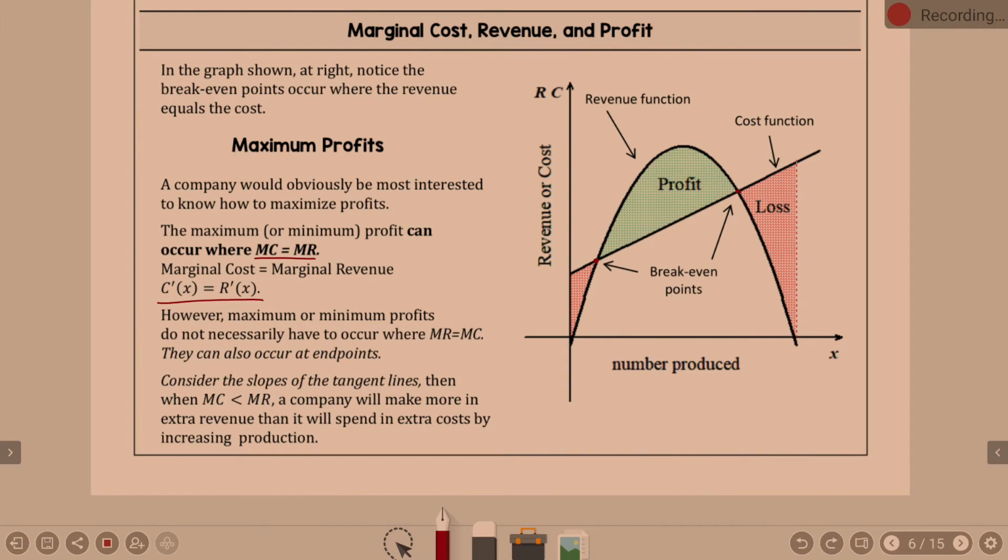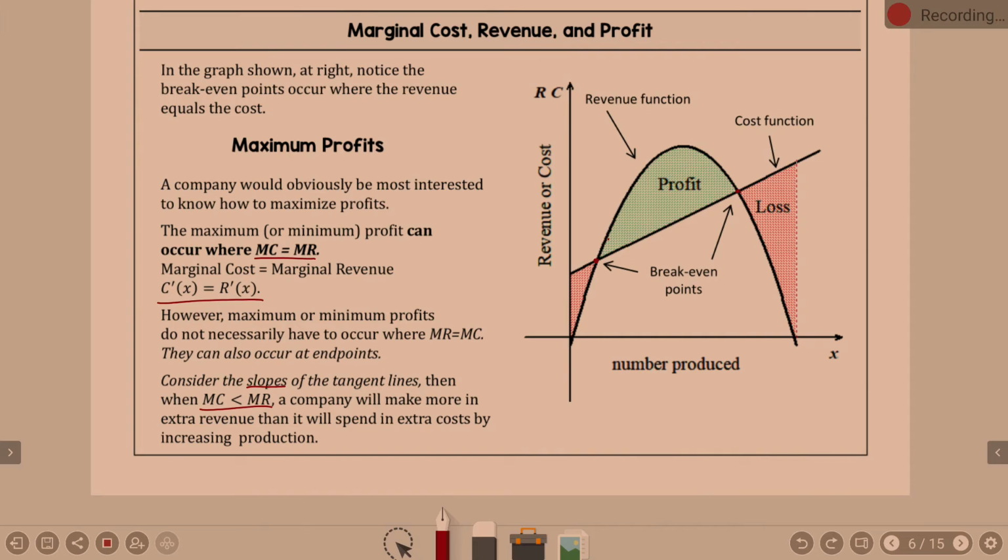When we talk marginal revenue, well, here we've got all these different slopes, right? This slope up here would be 0. Then we've got negative slopes, yes? So notice here it says when thinking about slopes, marginal cost is less than marginal revenue. They make more in extra revenue than it will spend in extra cost by increasing production.